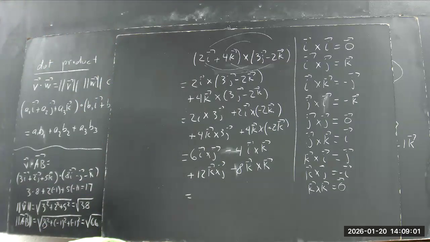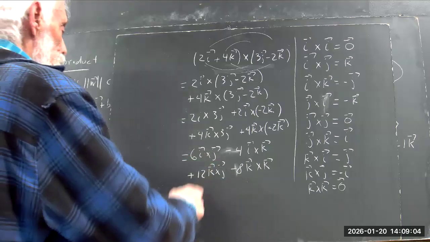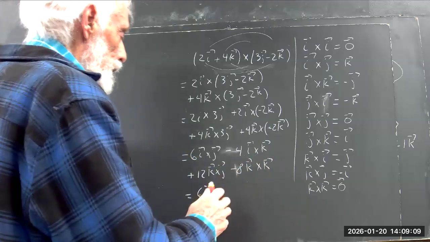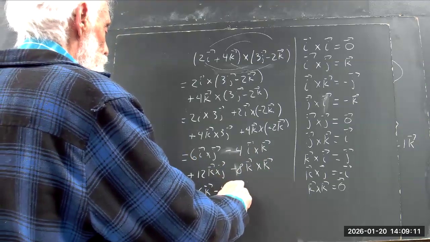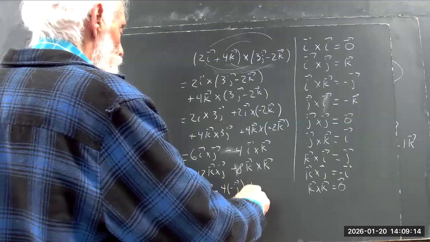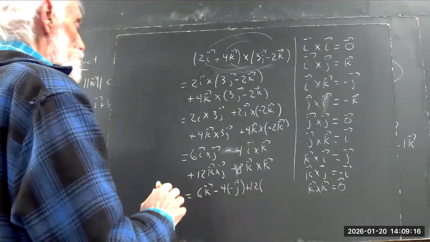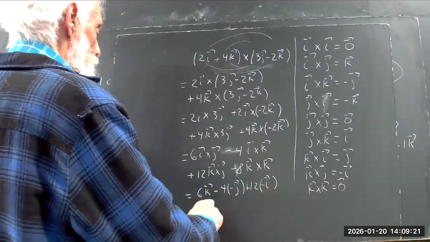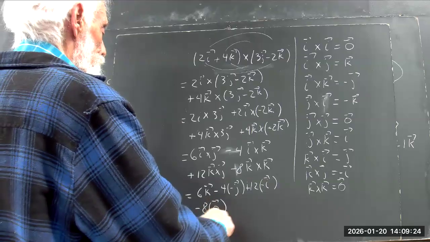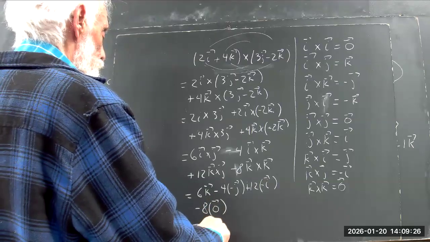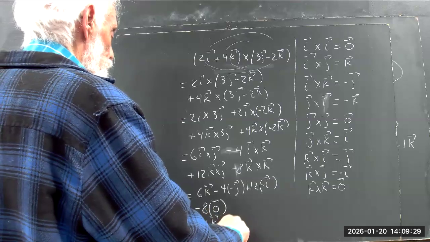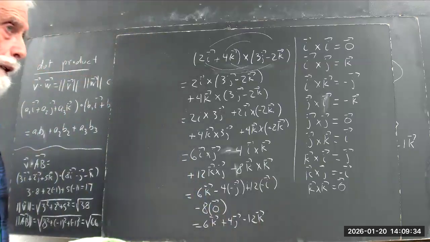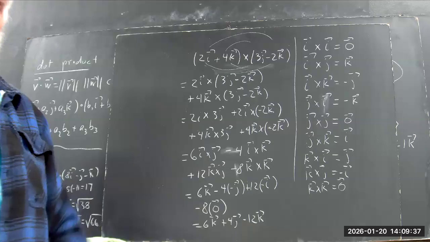And we write it out. And then what's I cross J? It's K. What's I cross K? It's negative J. What's K cross J? K cross J is negative I. And if I did everything right, I don't guarantee it, there's your cross product.